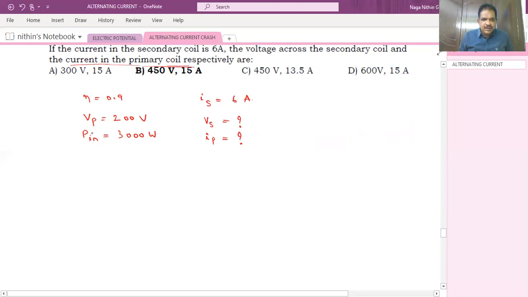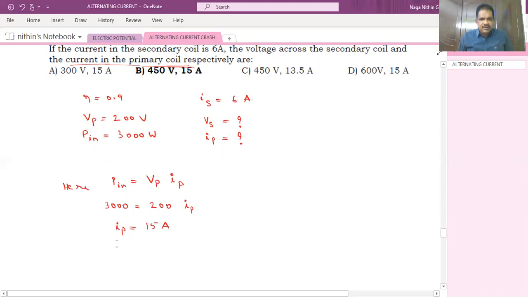Using this, P in is equal to Vp Ip. Then Ip value will be 15 amperes.